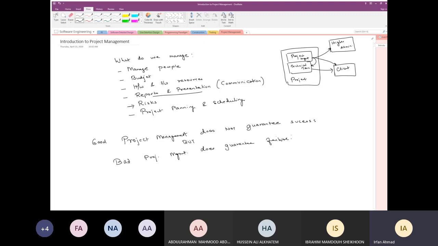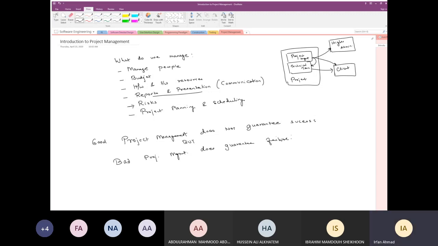Of course, it is dependent on budget and schedule, but also a lot of that is dependent on the technical team who's going to do the actual project, right? The requirement, the design, the implementation, and it also depends on other things, as you said, how the client is, how the budget was negotiated. So it does not guarantee success. But if you have an excellent team, excellent schedule, budget, everything, but you have bad management, it might harm the project. That's the point here.